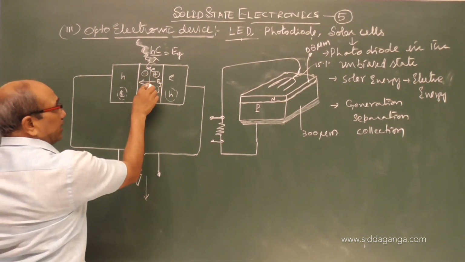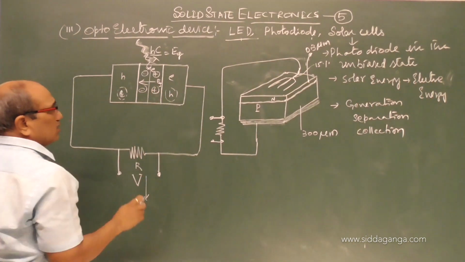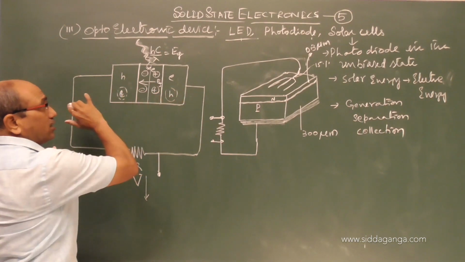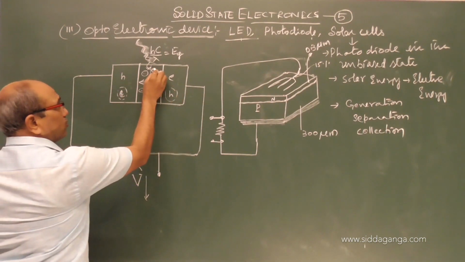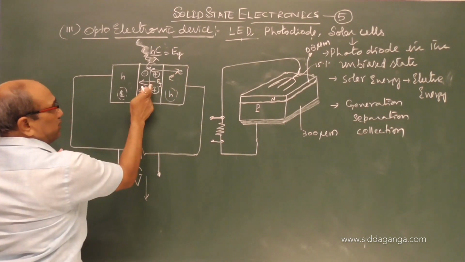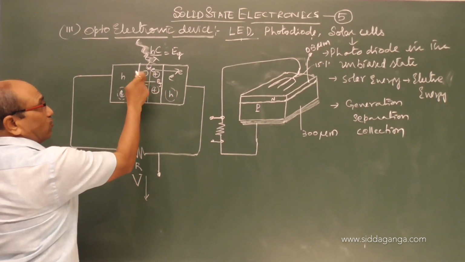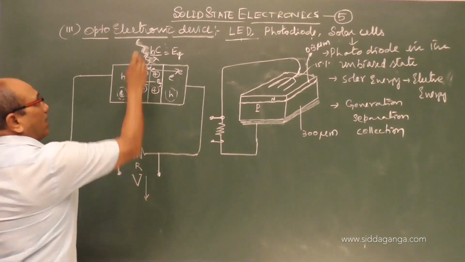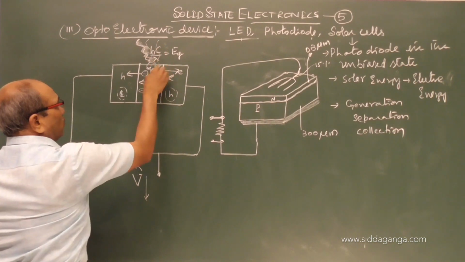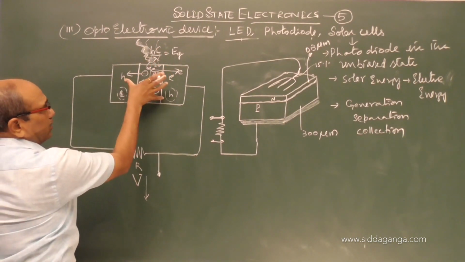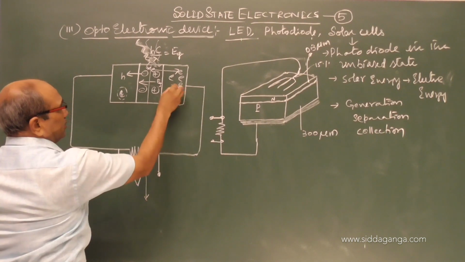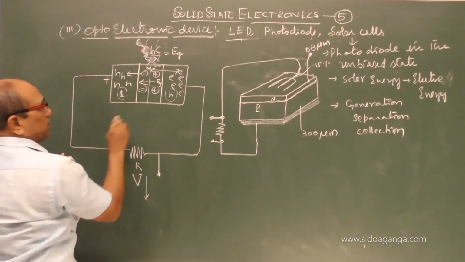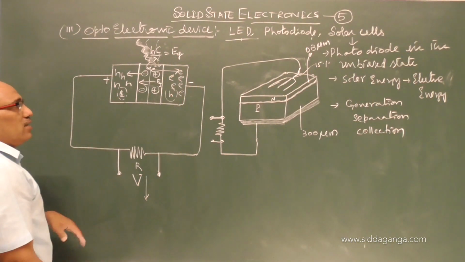The equilibrium is lost. The electrons move towards this region under the influence of the junction electric field, which does not allow the electron hole pair to combine in the depletion layer. Holes move towards the other region. As radiation continuously falls, electron hole pairs are generated, the electron concentration increases, and the hole concentration increases at the other end, so this end becomes positive and this end becomes negative.